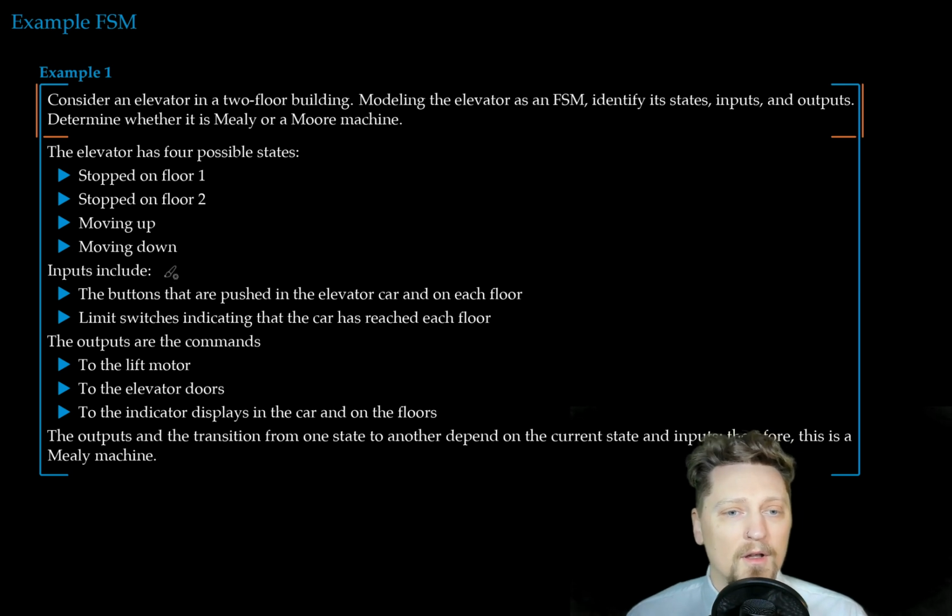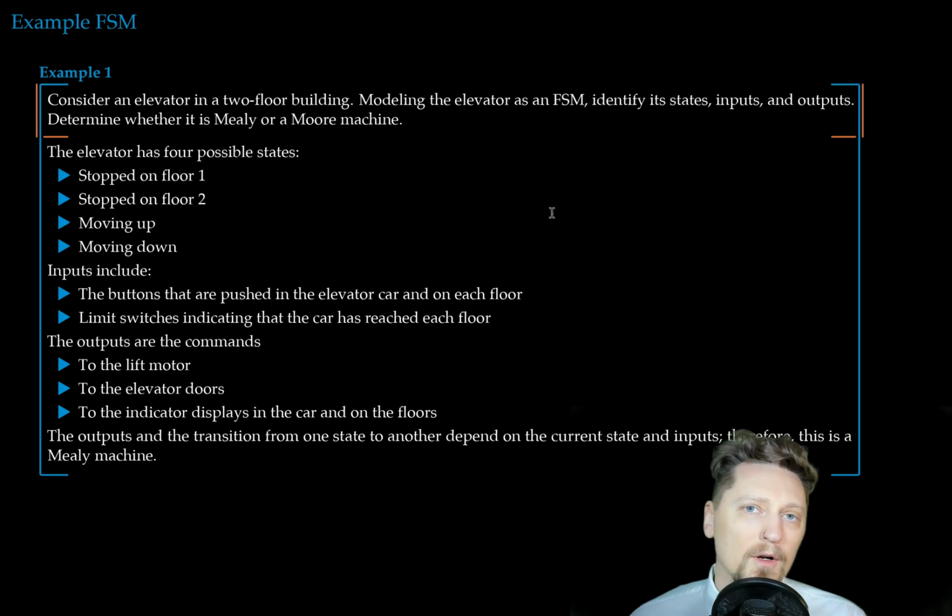Inputs include the buttons that are pushed in the elevator car and on each floor, and limit switches indicating that the car has reached each floor. The outputs are the commands to the lift motor, to the elevator doors, and the commands to the indicator displays in the car and on the floors. The outputs and the transition from one state to another depend on the current state and inputs, like the buttons. Therefore, this is a Mealy machine.